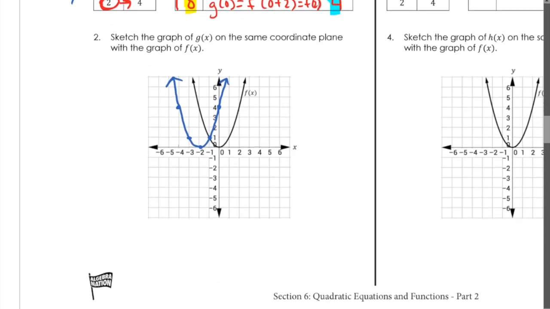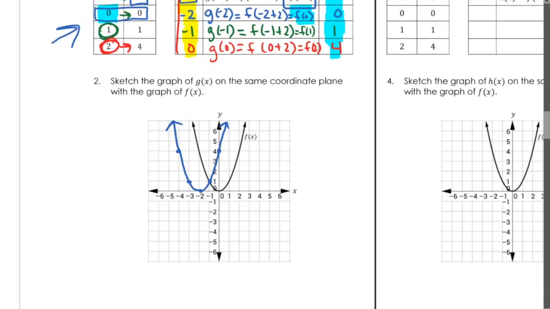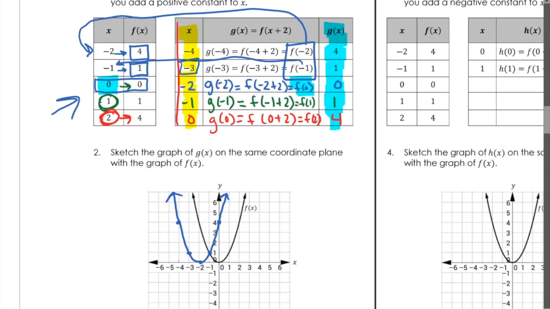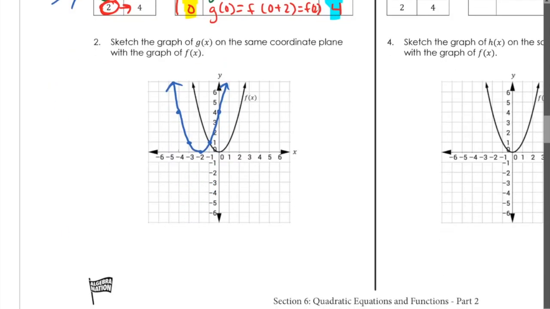Okay, what did you notice about this one? The original one started at 0. This new one starts at -2. So if you add 2, the graph shifts, and did it shift to the right or to the left?